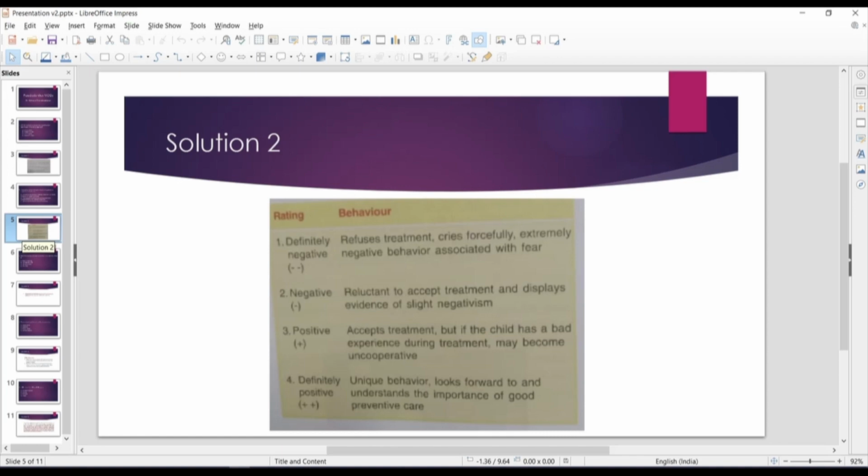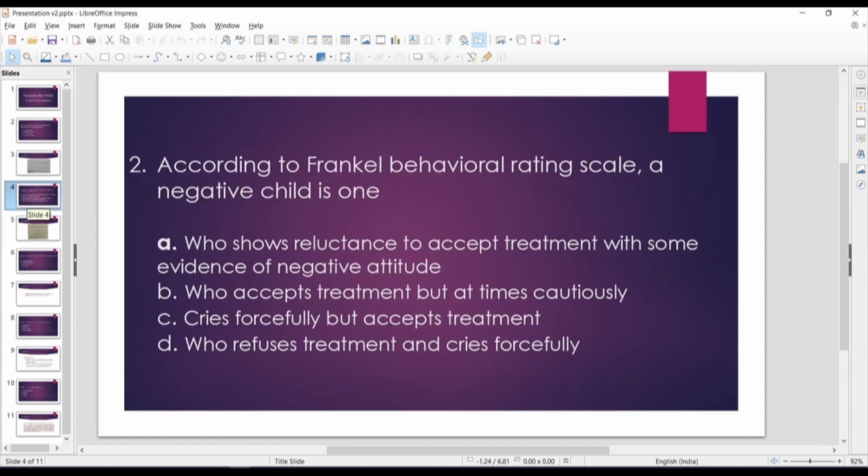Let's go back to the question. The question asks about the behavior of a negative child. Option D, who refuses treatment and cries forcefully? No. Refusing treatment and crying is the behavior of a definitely negative child. What about option C, cries forcefully but accepts the treatment?